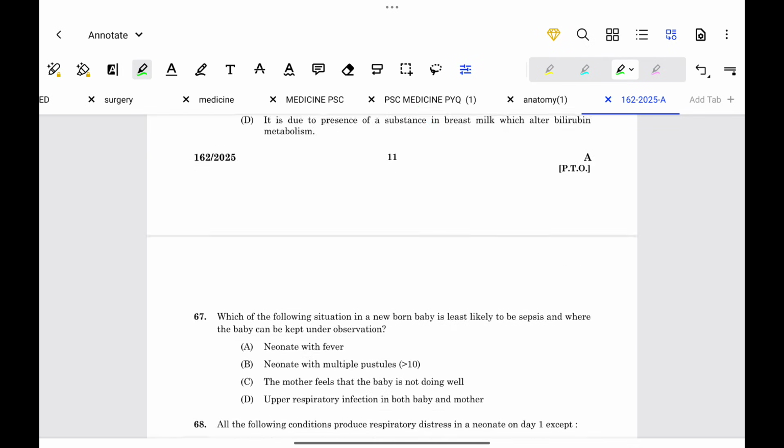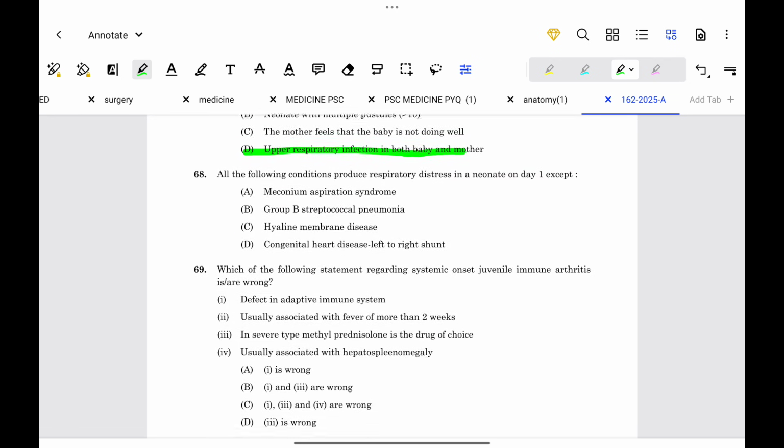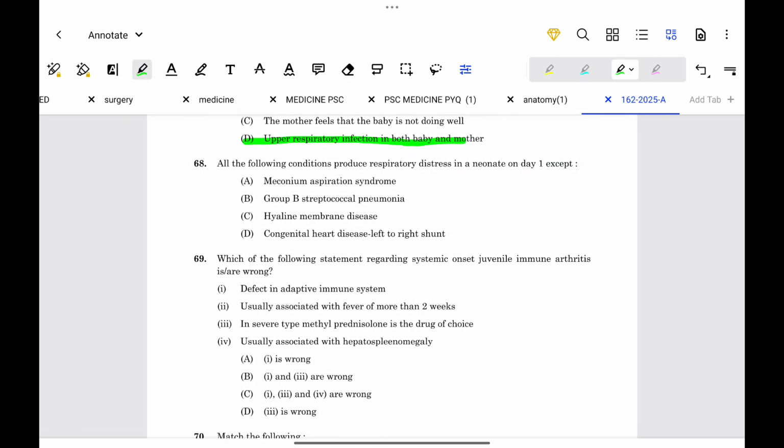This is false. Which of the following situations in a newborn baby is least likely to be sepsis and where the baby can be kept under observation? Upper respiratory infection in both baby and mother. All of the following conditions are associated with respiratory distress in a neonate on day 1 except congenital heart disease, left to right shunt.